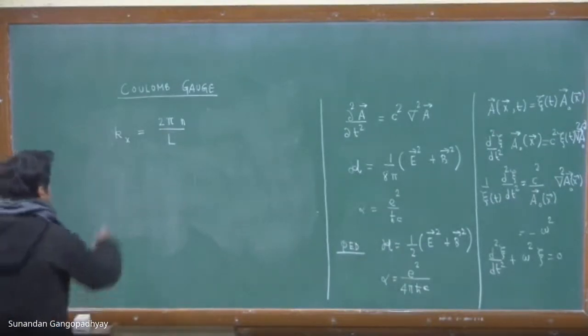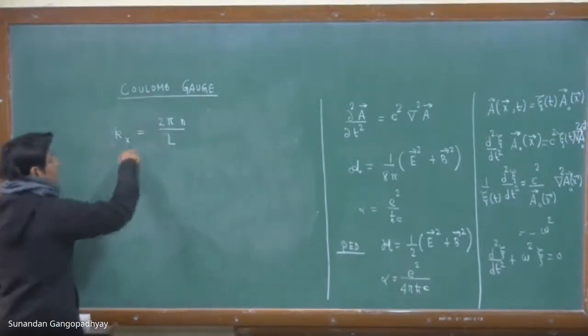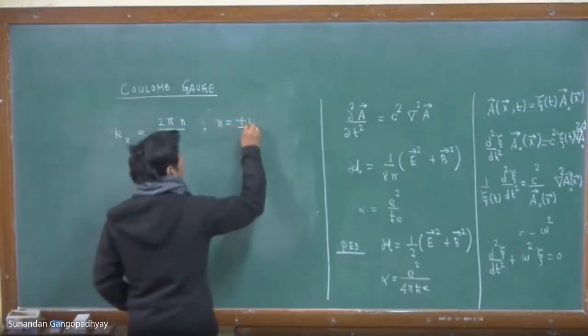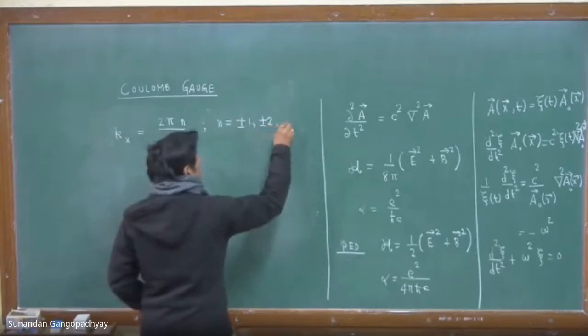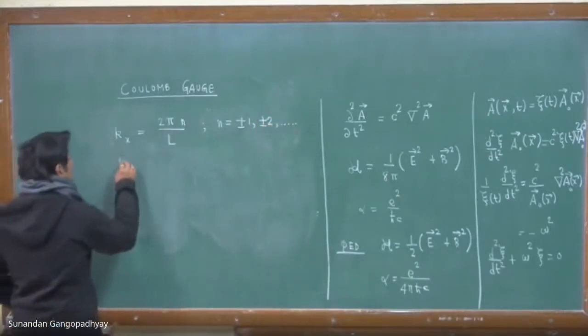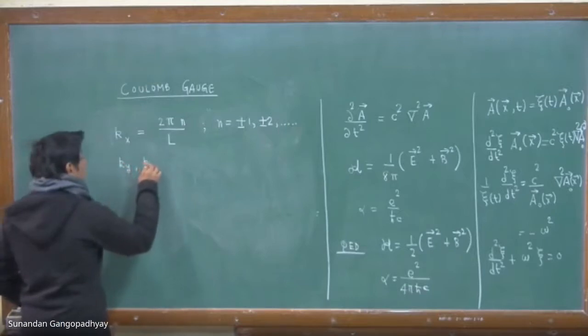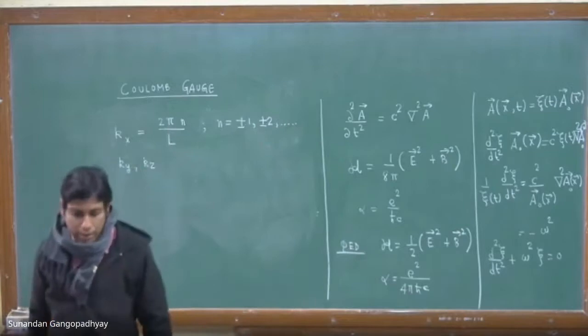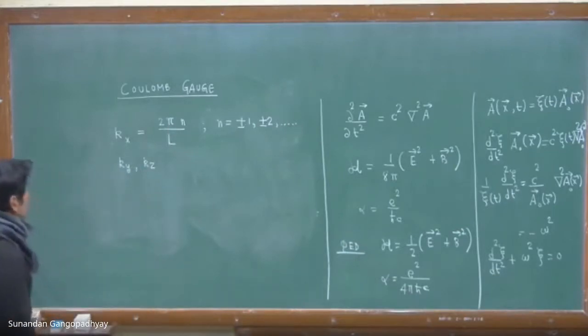If you do that, then your kx will get values like this, where n will be plus minus 1, plus minus 2, and so on. Similarly for ky and kz. So you impose periodic boundary conditions on all the three sides, and then your k values will get discretized.